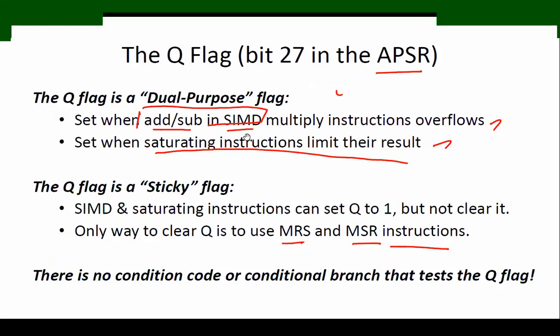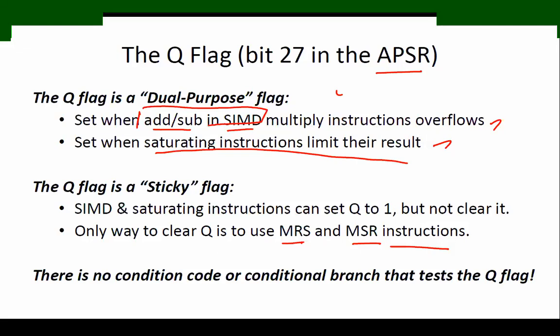So what is this Q flag all about? The Q flag is nothing but bit 27 in the APSR, the program status register. So in this, it's the 27th bit. The Q flag is a dual-purpose flag. We can use it when we add or subtract, for showing overflow, and we can also use it for saturation.